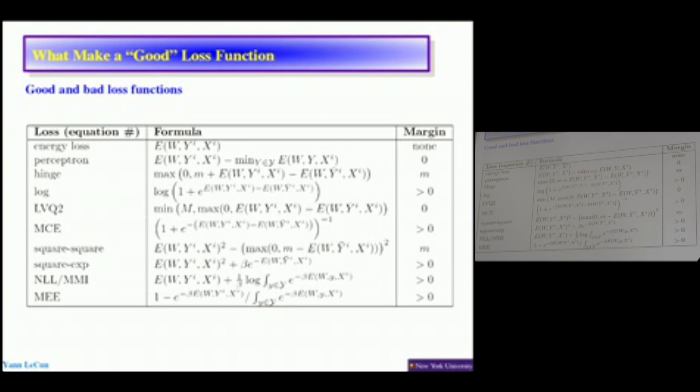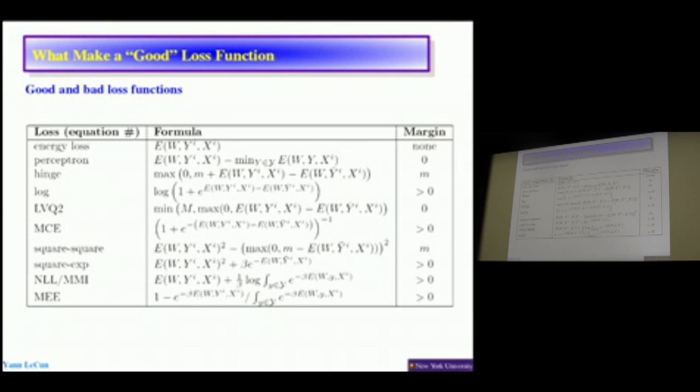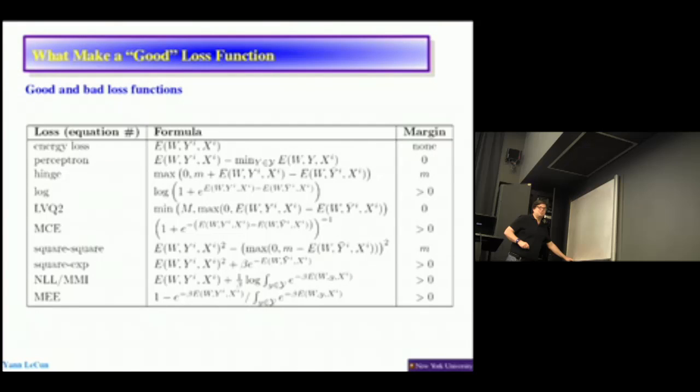In fact, there is a more general form for loss function. Unfortunately, I don't have a board, so I'm going to draw it here. I'm going to try to make this big so that you can see it.